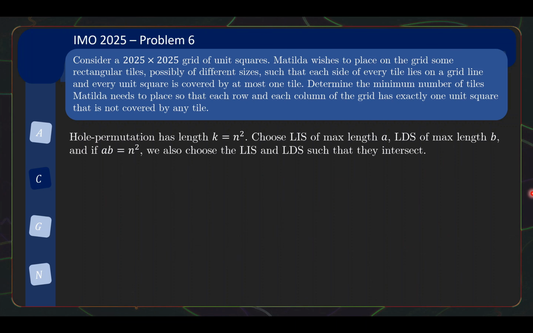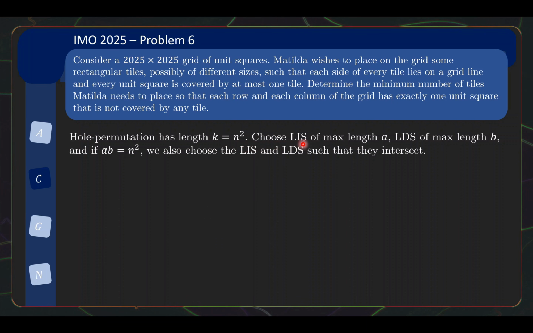Alright, so given the two claims that we have, we apply them back to the main problem. In this case, our permutation of the whole heights has length K equals n squared.